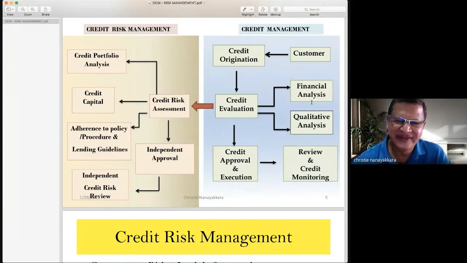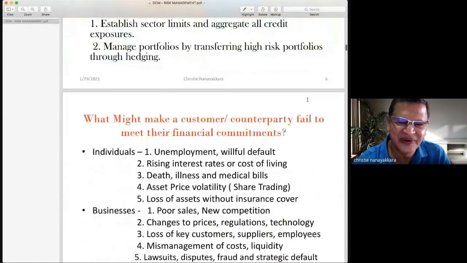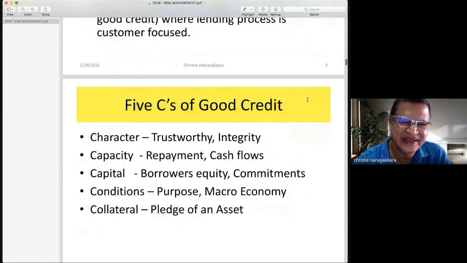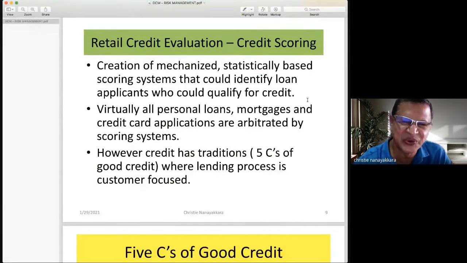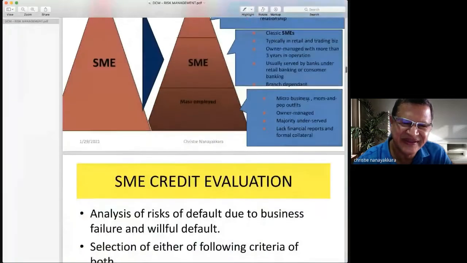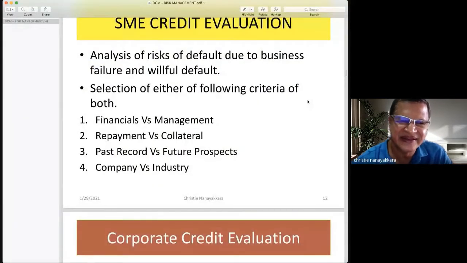That process we went through for different types of customers, starting with retail customers, where we looked at two methods: the credit scoring method and the 5 C's of good credit. Then we looked at SMEs. For SMEs, decisions are mainly not based on their financials, because you cannot guarantee their accuracy.